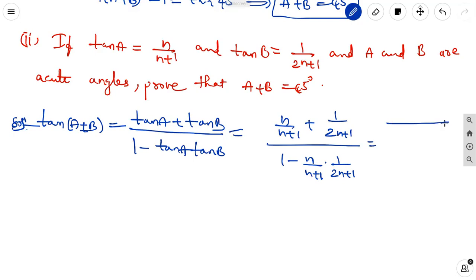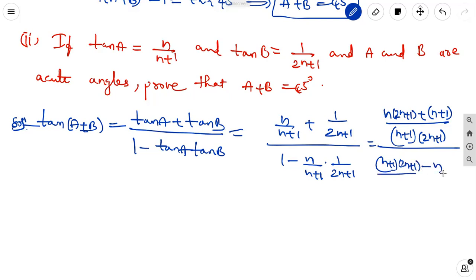Taking the LCM, n plus 1 into 2n plus 1. By cross multiplying, n into 2n plus 1 plus 1 into n plus 1 by n plus 1 into 2n plus 1, minus n by n plus 1 into 2n plus 1 in the denominator. In the denominator also taking the LCM, the denominators are the same, so those get cancelled.